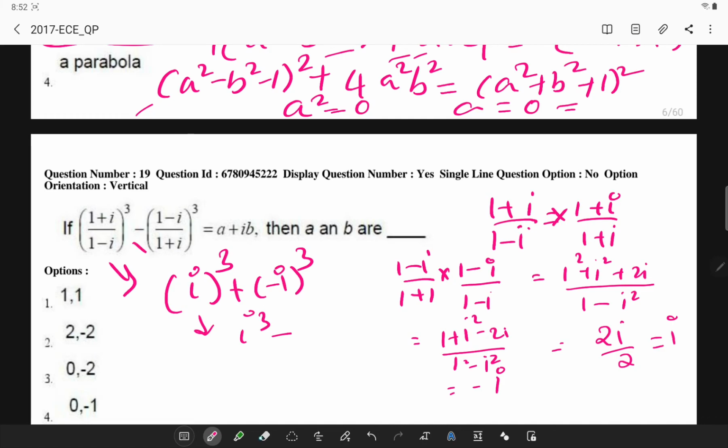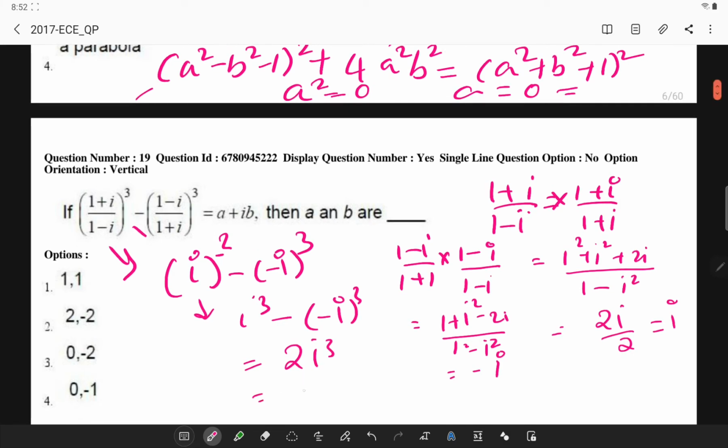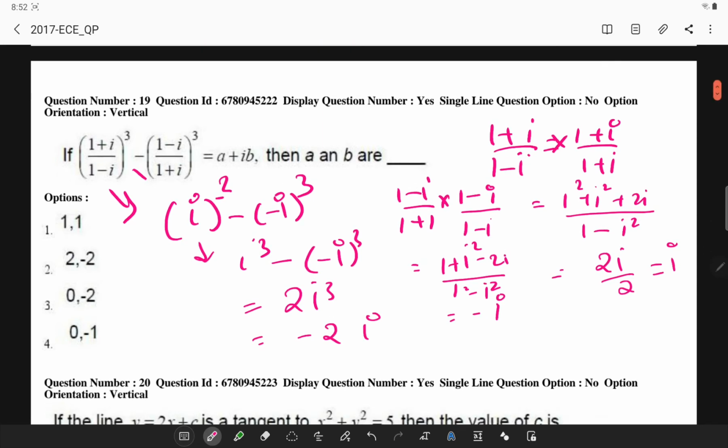I have a minus here, so minus i whole cube, this will be 2i cube, or simply i square is equal to minus 1, so minus 2 into i. So if you observe, a is equal to 0, generally it is in the form of a plus ib, so a value is 0 here and b is minus 2, this is the answer.